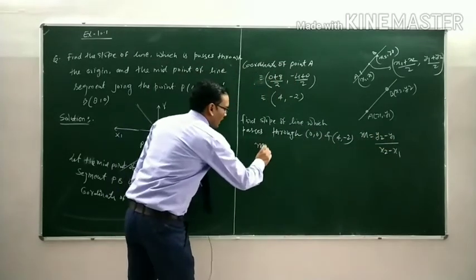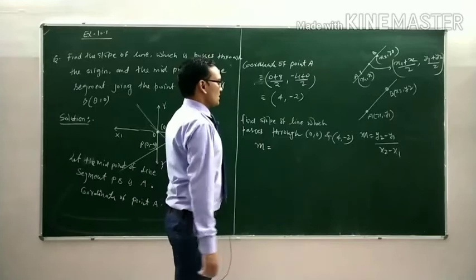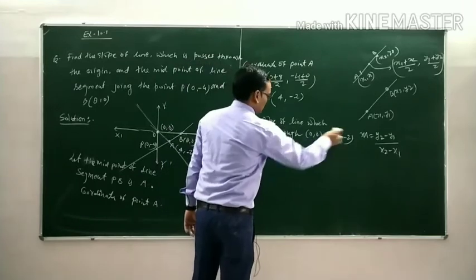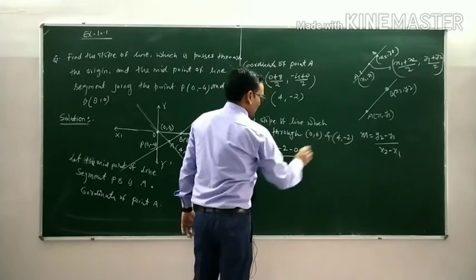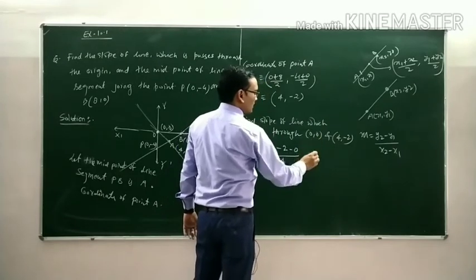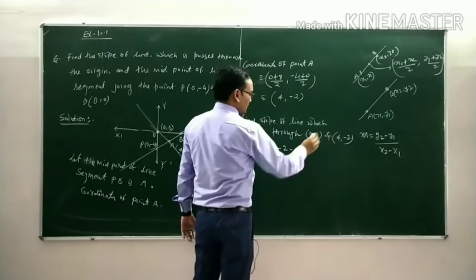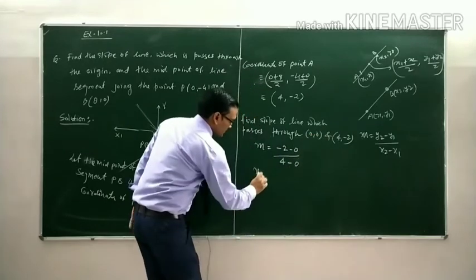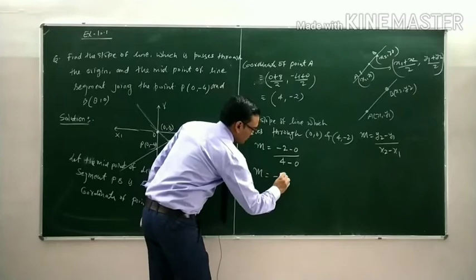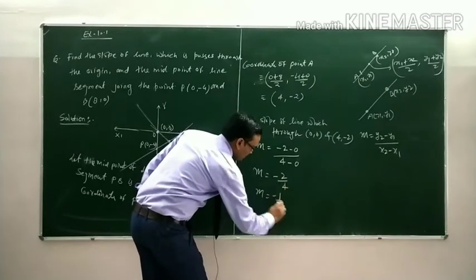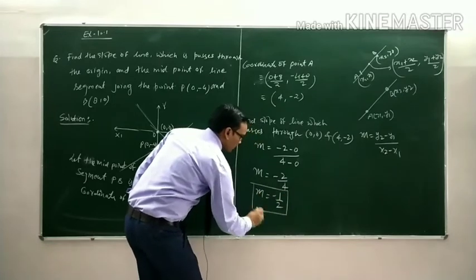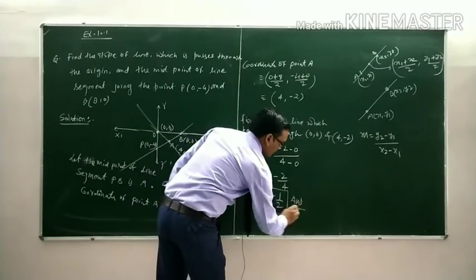Okay students, m equal to y2, here y2 is -2 and y1 is 0, upon x2 is 4 and x1 is 0. Then we get the value of m equal to -2 upon 4, m equal to -1 by 2, which is your answer.